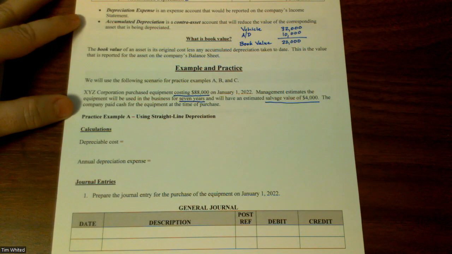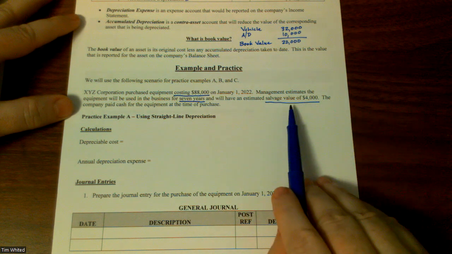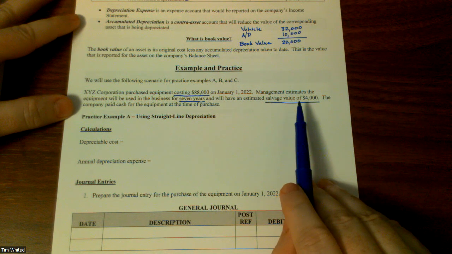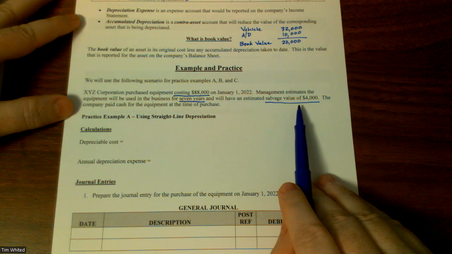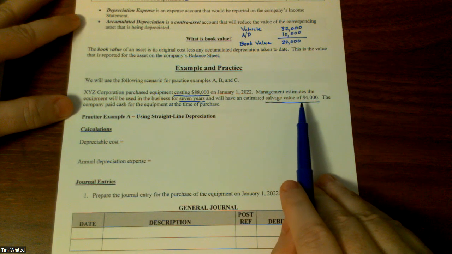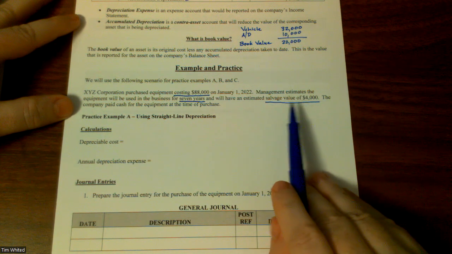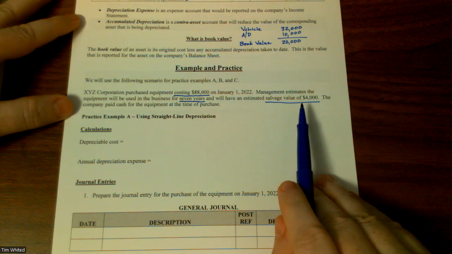So those are the 3 elements we need. As long as you know what those 3 elements are, we're good to go. Now, one thing about salvage value is you may run across situations where an asset may have no salvage value, which is fine. That happens. So don't get thrown off if it says there's no salvage value.